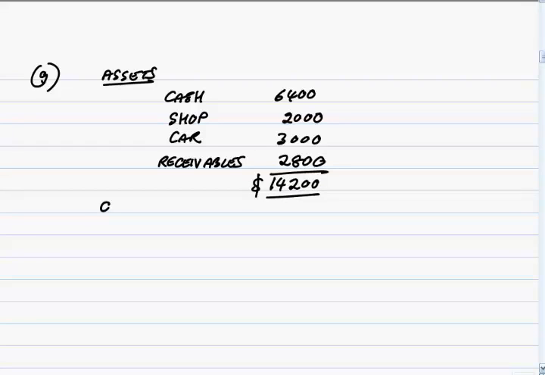Who's that money owed to? Well, a bit like before, I'll leave spaces. The original capital was 10,000. We've also got from an earlier transaction a liability we owed for those goods of 2,000, and we haven't paid.